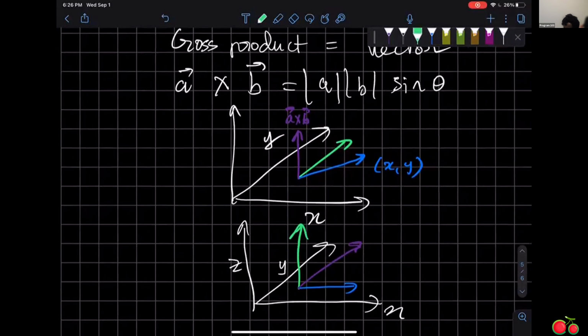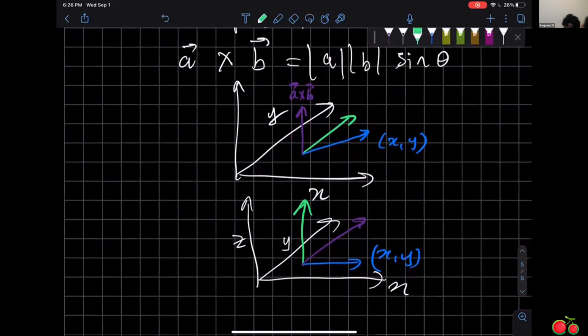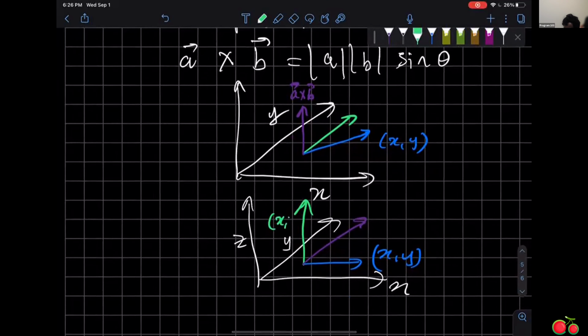My blue vector is in the xy plane, then my green vector is actually in the xz plane. So it's in x and z, if you collapse y. So my purple vector is basically going to be perpendicular to that. It's going to be in the xy plane.